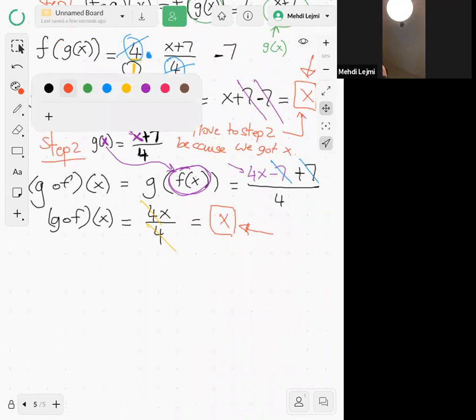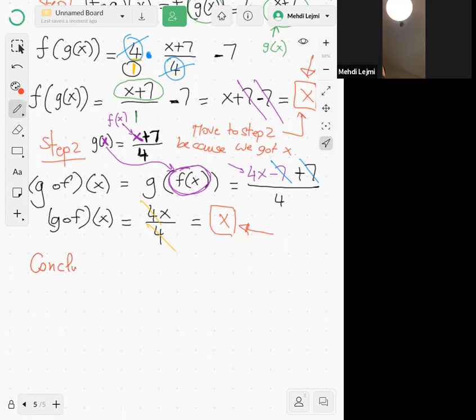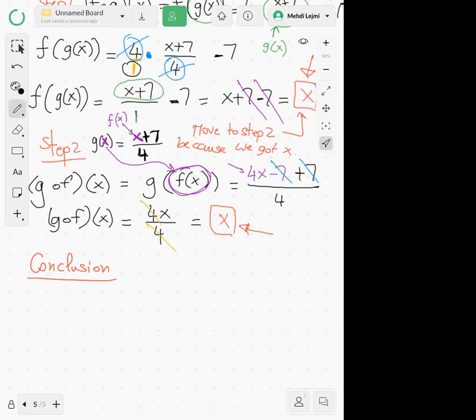So the conclusion is that f... Yes, Lisbeth. Sorry, Professor, I was writing down the exercise. For example, we talk like x plus 7 minus 7, and that's our x, and then we do the problem.